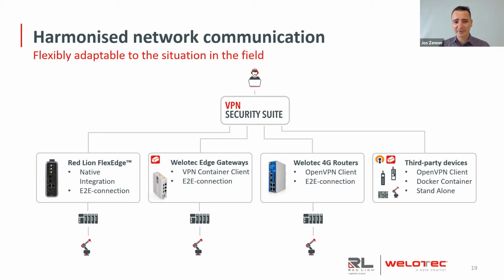So it's a Docker container for OpenVPN, or in the Welotec routers with OpenVPN integrated and native integration, or many other third-party devices that support OpenVPN and so that support Docker containers. So you can easily start with FlexEdge, even though you have a different type of infrastructure already there. Integrate the old devices easily and just move on with the new FlexEdge for new installations or brownfield installations where you need to upgrade connectivity and data acquisition.